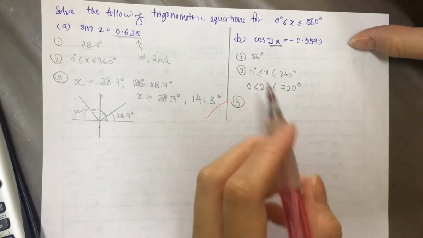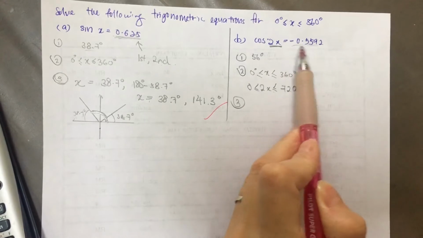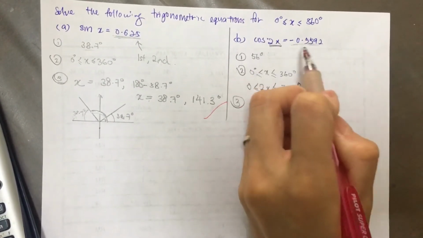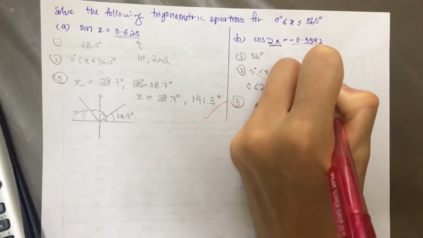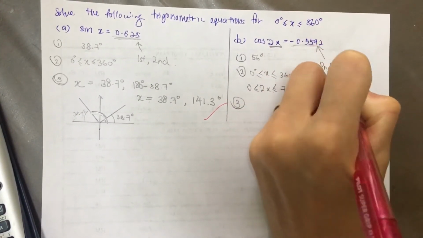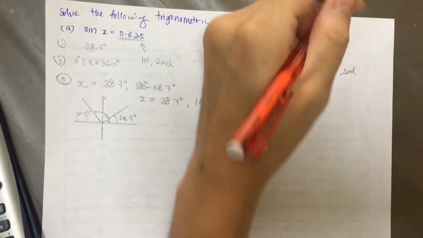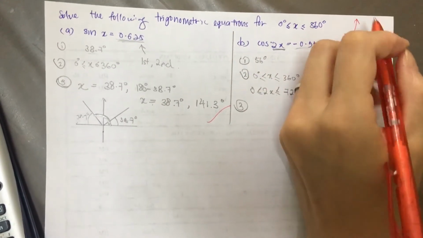Now we continue to find which quadrants the negative cos lies on. This one is cos and is a negative value, so you know that it lies on the second quadrant and third quadrant. In case you forget, I just remind you here.